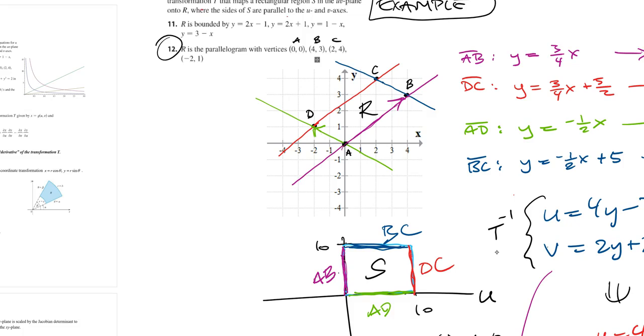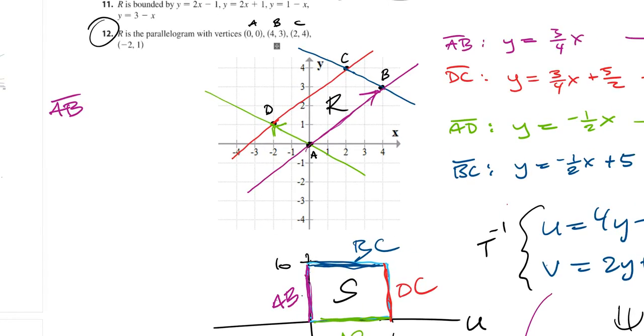So if you take AB as a vector, AB would be 4, 3. And then AD as a vector would be, well, let's say 4, 3, 0, because I'm going to do the cross product here. AD as a vector would be negative 2, 1, 0.